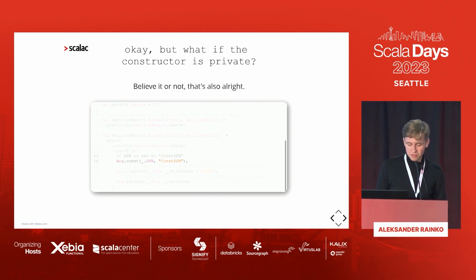Worth pointing out is that this uses structural types, so you do get actual code completions in your IDE to complete those arguments. Moving on, there's arg.computed that once again applies a function from the source type to a given field, and then arg.renamed that, quote unquote, renames a name, right?